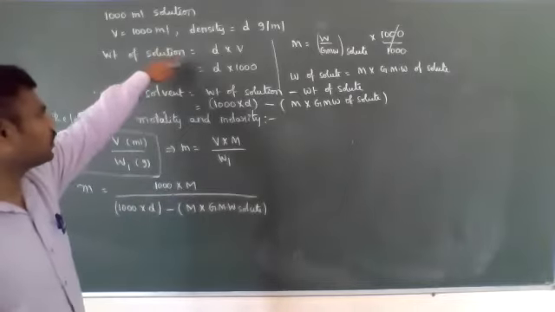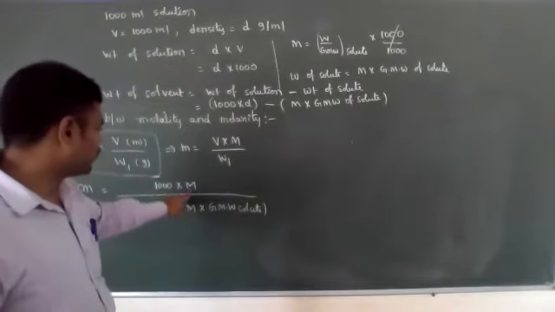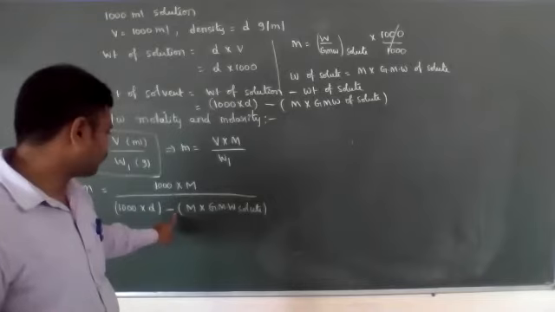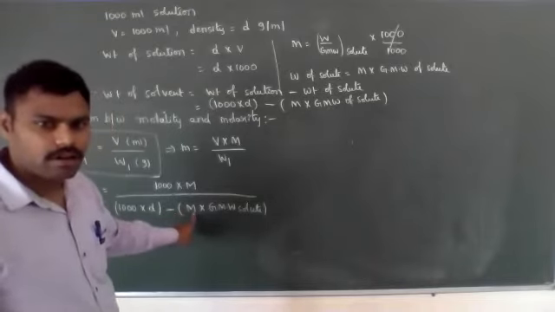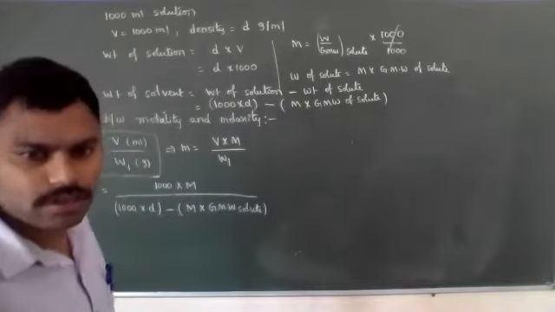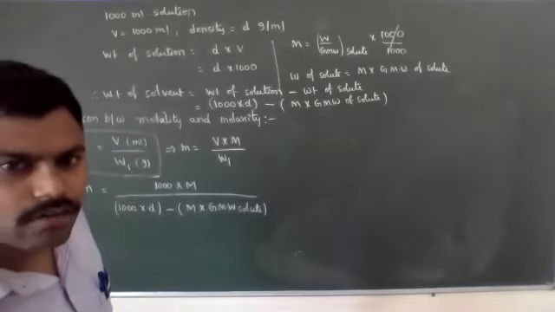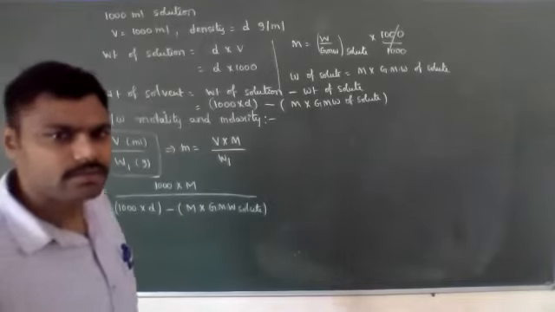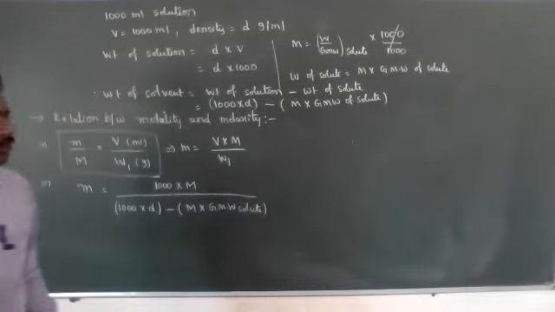But however I showed that derivation how it came: 1000 into M by 1000 into density minus molarity into gram molecular weight of solute. What Vaibhav? What 7?